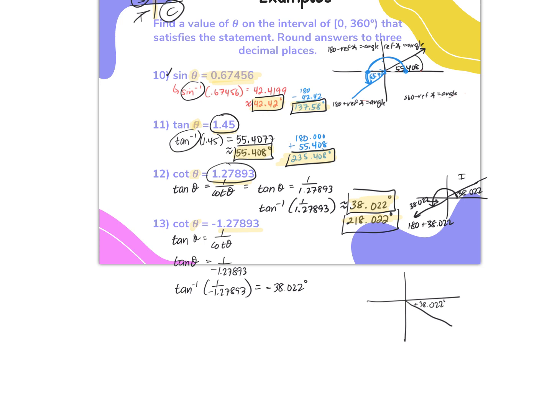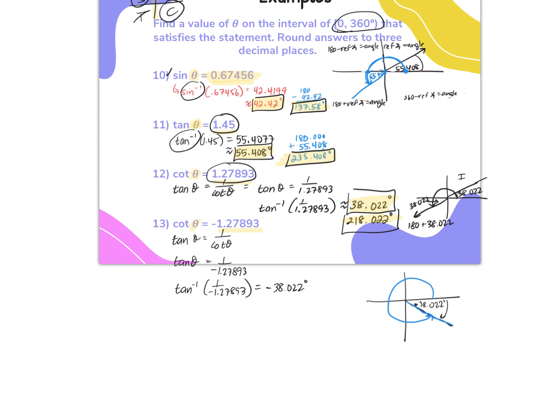So if I come over to my graph here and I do negative 38.022 degrees, remember, negative is just the direction this way, right? That's fine and dandy, but the problem is that, notice my interval here, I don't want a negative degree, okay? They want the degree measure that is going to be between 0 and 360, not negative. So I have to think about, well, what positive angle is coterminal with this?